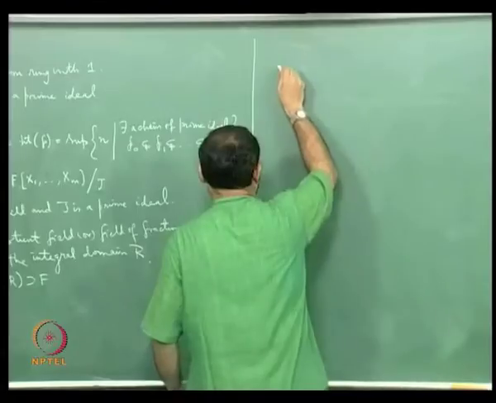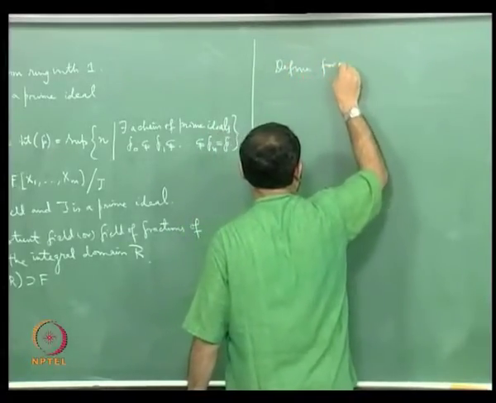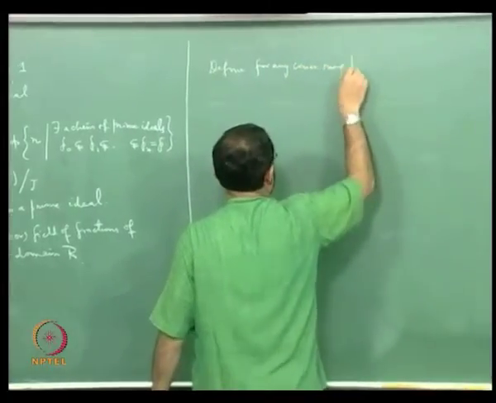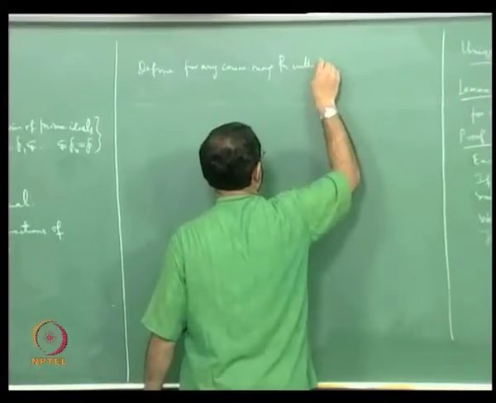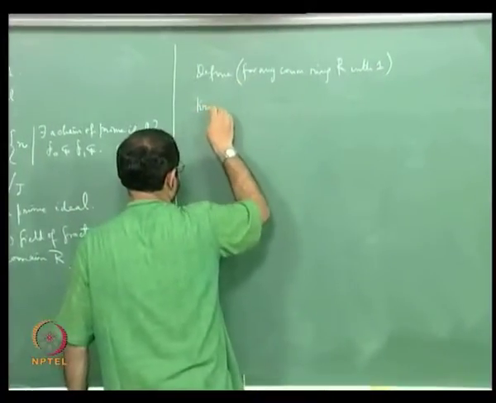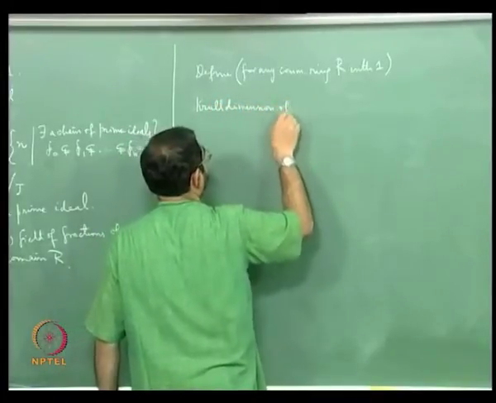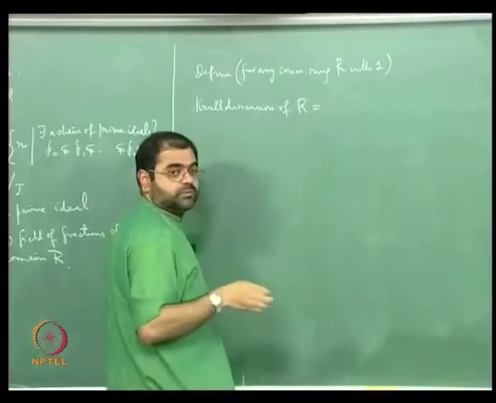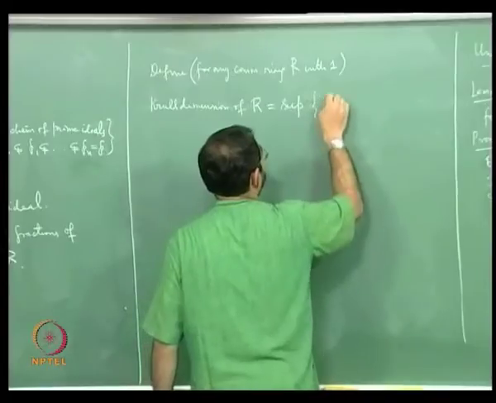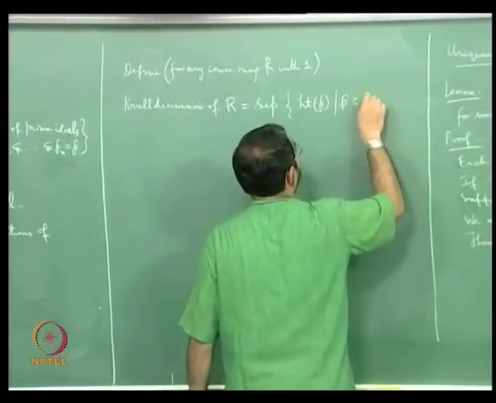So define, for any commutative ring R with 1, the Krull dimension of R to be the supremum of the height of P, where P in R is prime.